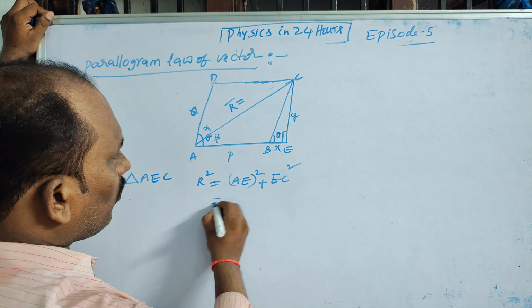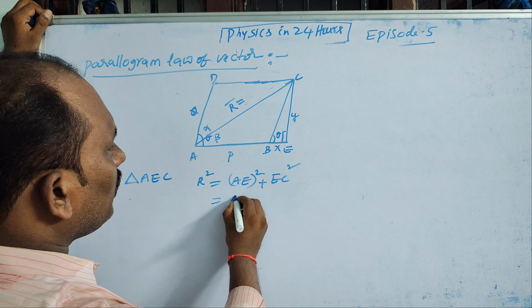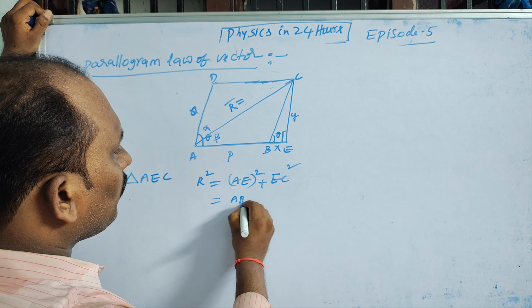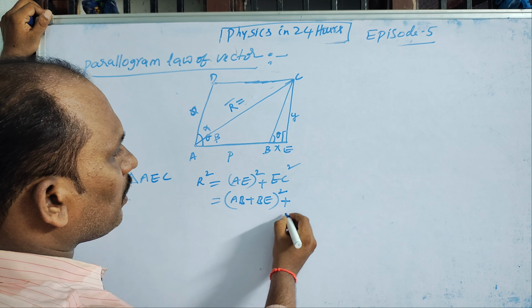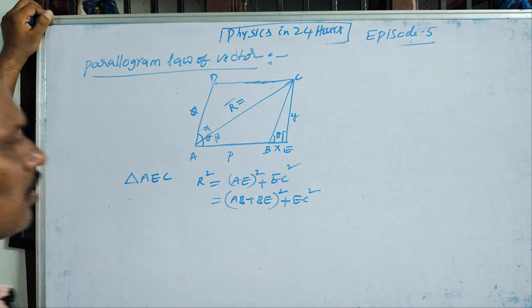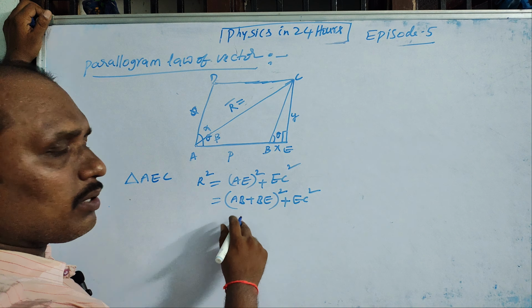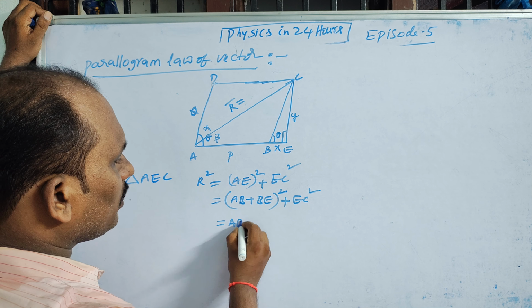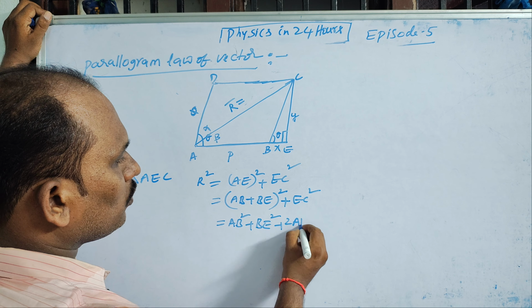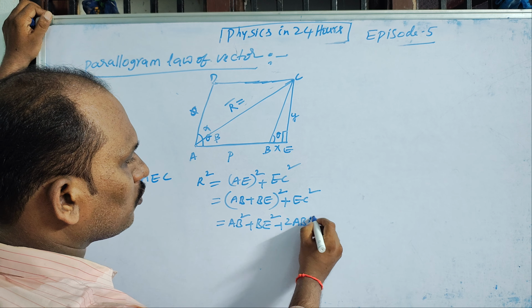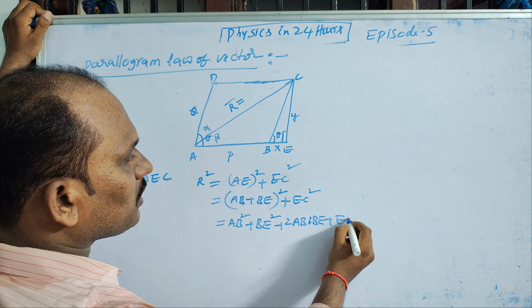What is AE? AE is nothing but AB plus BE whole square plus EC square. What is the (a plus b) whole square formula? AB square plus BE square plus 2 into AB into BE plus EC square.